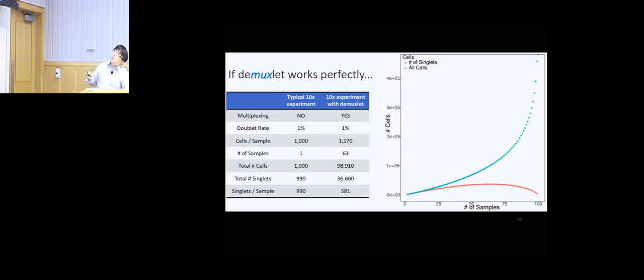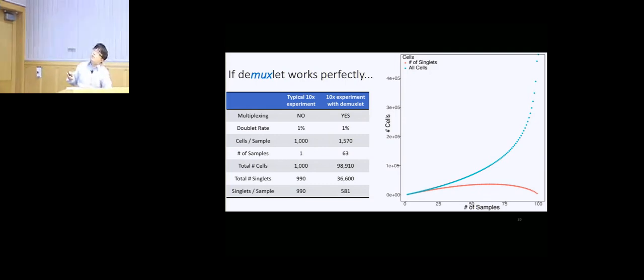But if you load 63 samples, each of them about 1,500 cells, then you need to basically load 100,000 cells, and about 37% of them are going to be singlets. So you're going to have fewer singlets per sample, but the total number of singlets increases by 37-fold. This is a huge increase, and this is obviously theoretical.